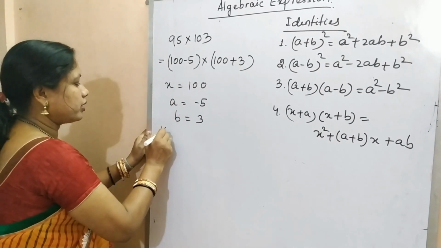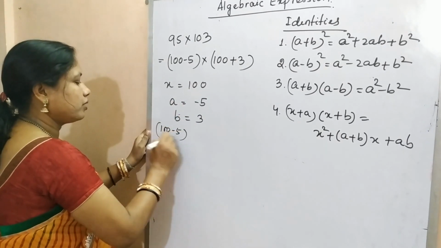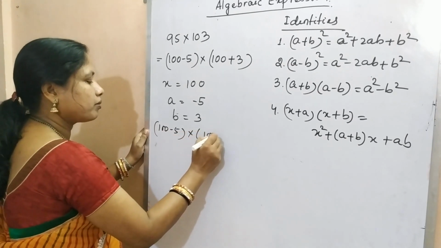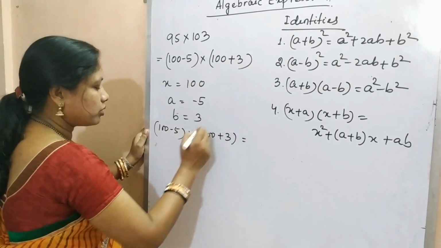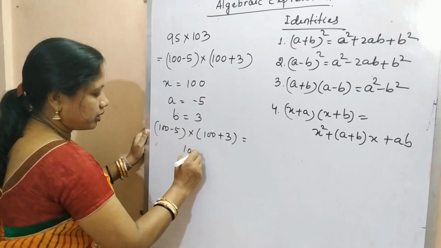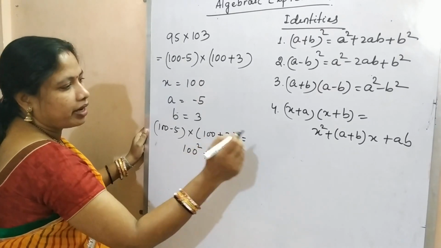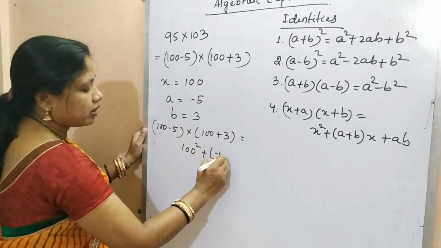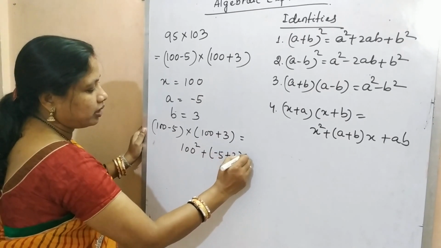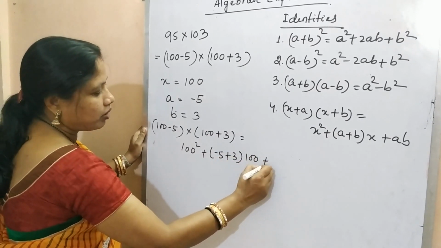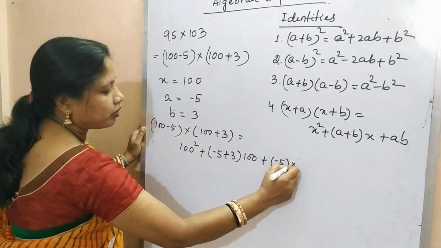So 100 minus 5 multiplied with 100 plus 3 is equal to x square plus a plus b whole into x plus ab, which is 100 square plus minus 5 plus 3 whole into 100 plus minus 5 multiplied with 3.